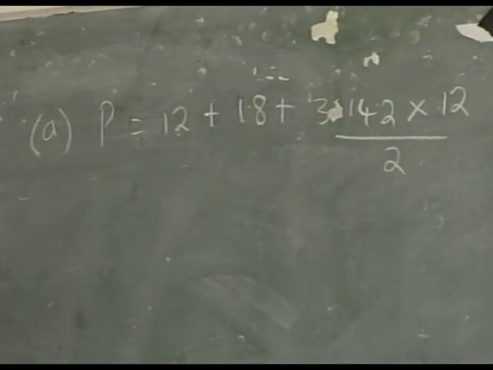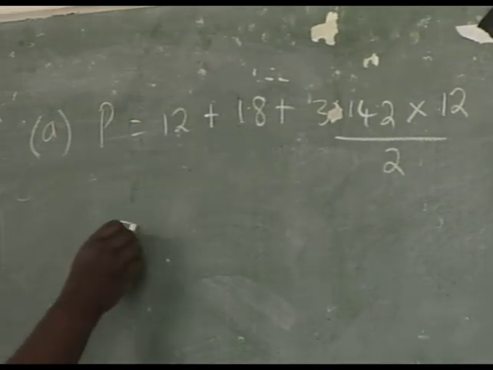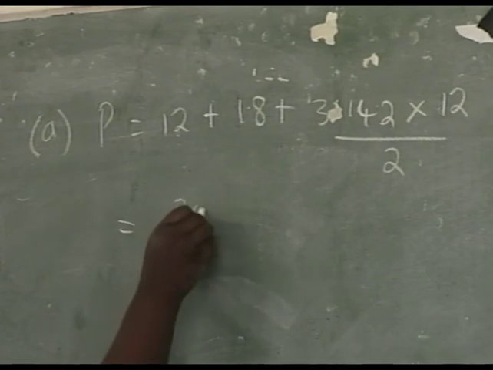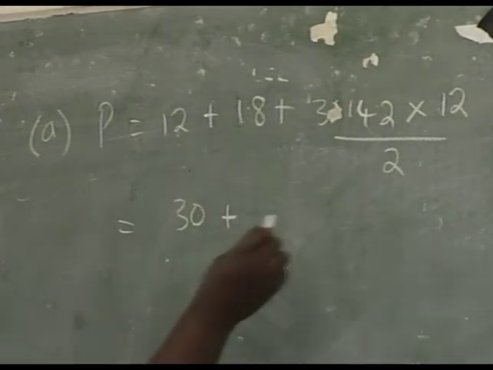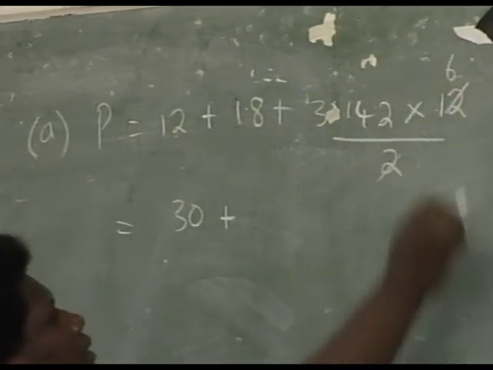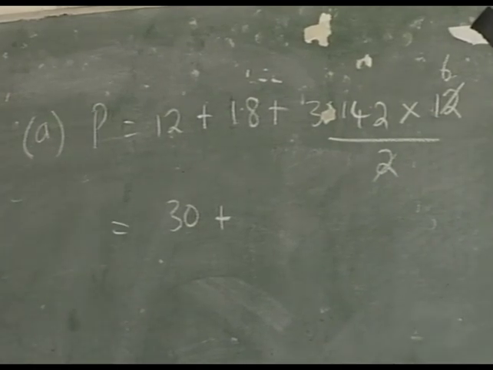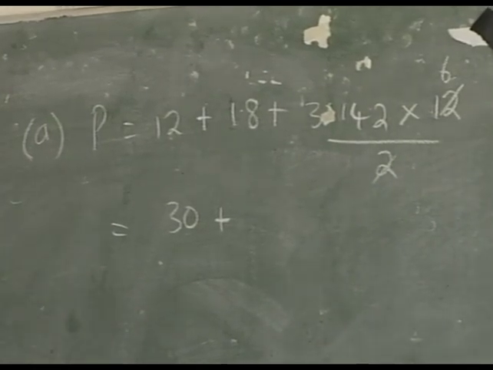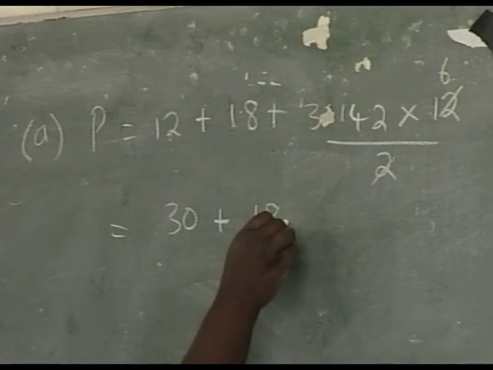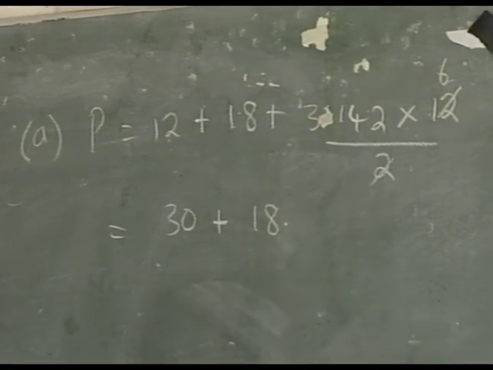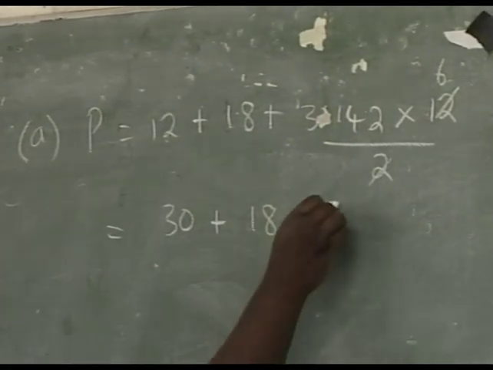Or otherwise, if you realize it, then you just have to multiply pi by 6. So we get 30 plus, that's 6. What is 6 times 3.142? 18.852.